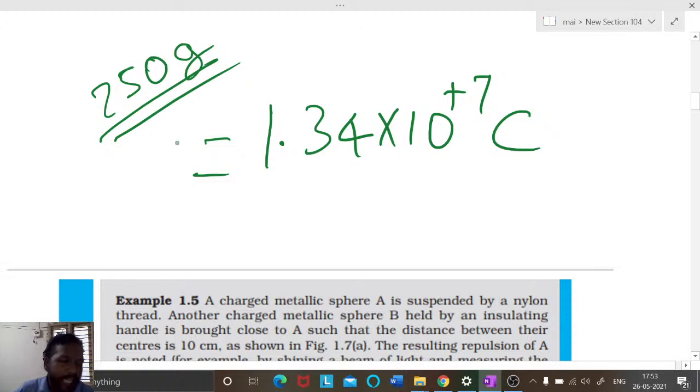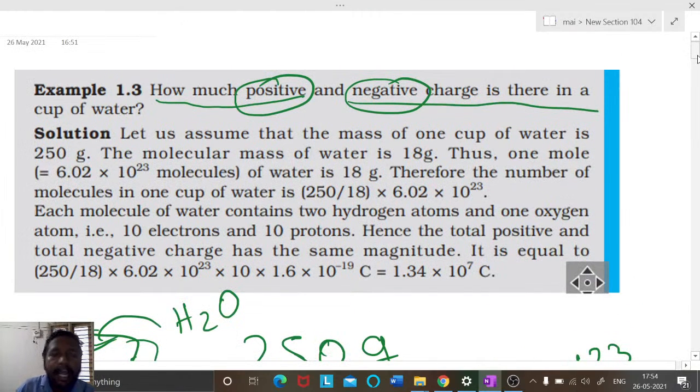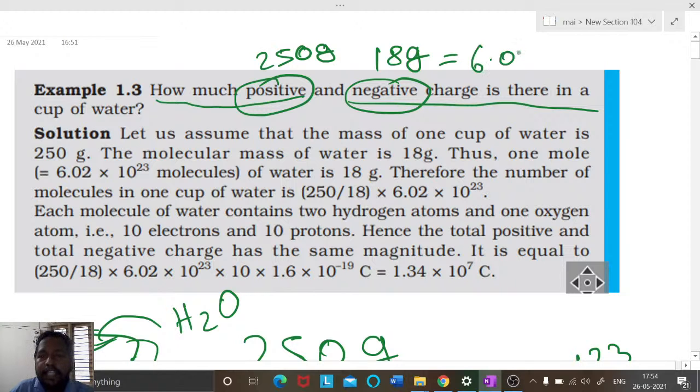Right now we are learning examples from chapter 1. They asked for 250 gram of water, how much positive and how much negative charge will be there. It's a very simple question. Easily I have taken a cup of water as 250 gram. 18 gram of water is the Avogadro number, 6.02 into 10 power plus 23.